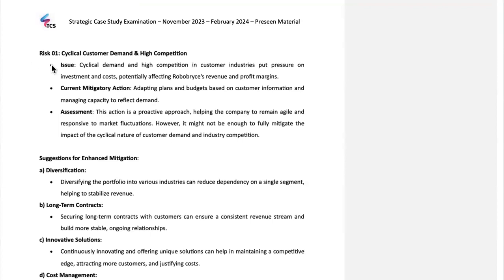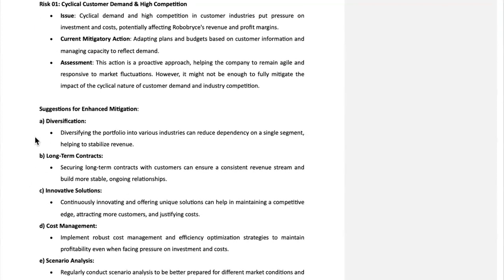What I've done is I've highlighted the issue, I've highlighted the mitigatory action adopted by the company, and at the end, I've mentioned the improvements which are needed to the mitigatory action provided. So if you go through these improvements, your P3 related knowledge pertaining to risk management is covered.